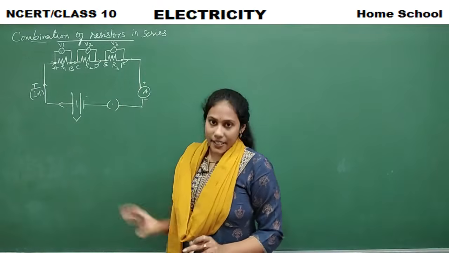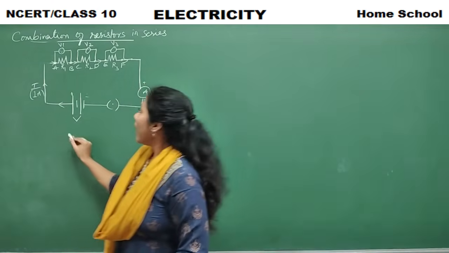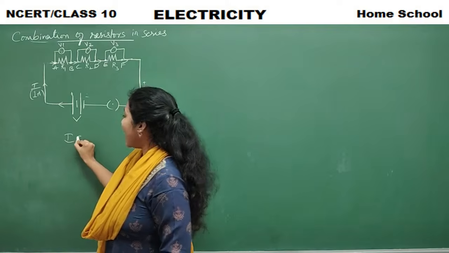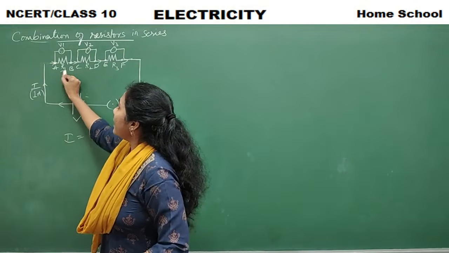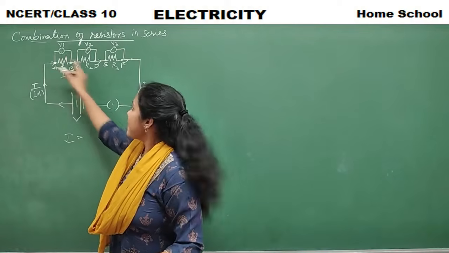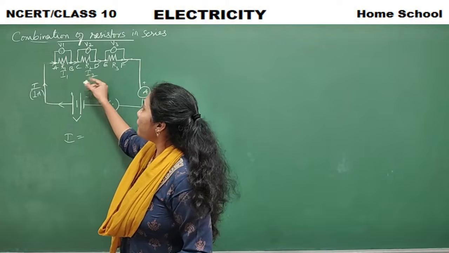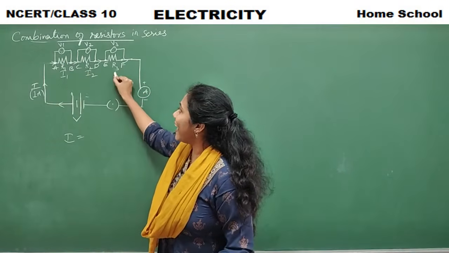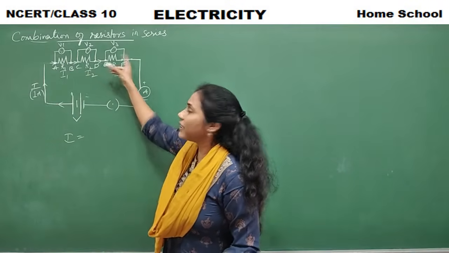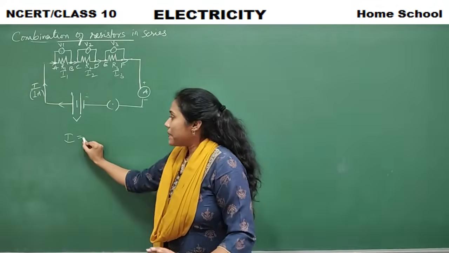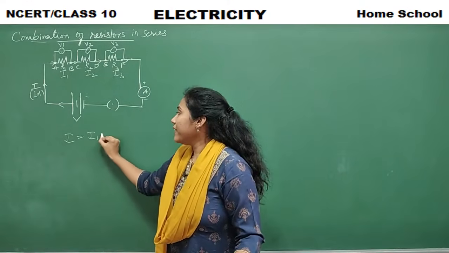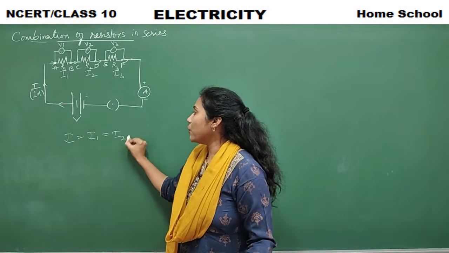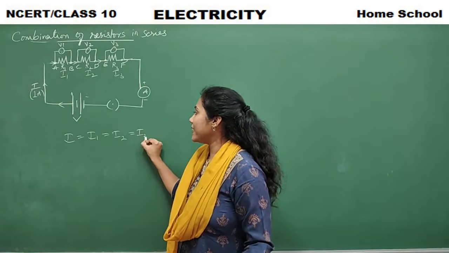In case of series combination, our total current I is always equal to, see, let I1 be the current flowing through this resistor, I2 be the current flowing through this resistor, and I3 be the current flowing through the third resistor. So observe carefully, I is always equal to I1, which is equal to I2, which is equal to I3.